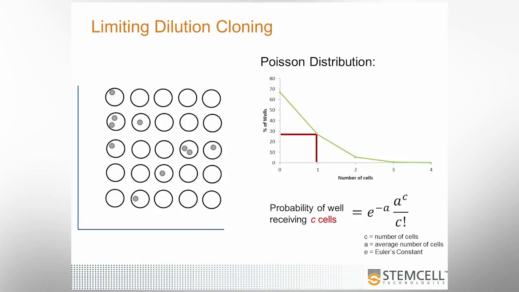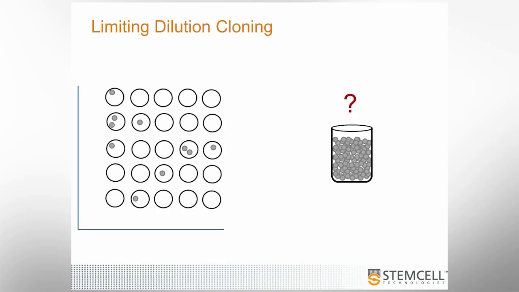So for cloning, we're obviously interested in the wells containing one cell. So this equation can let us estimate what proportion of the wells will contain one cell. But that's not the whole story when we're looking at the probability of monoclonality. For that, what we really want to know is the origin of a culture that we've isolated.